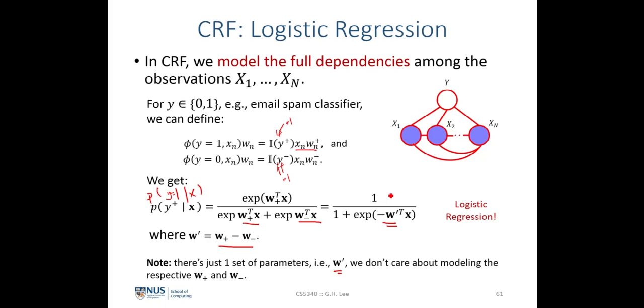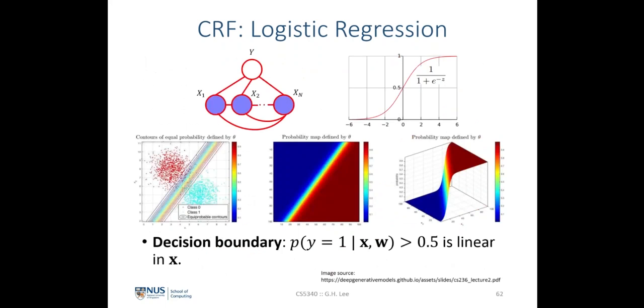And now what happens is that after doing this, we can see that this term is equivalent to a logistic regression. So this becomes a sigmoid curve in this particular case, where after learning this joint probability distribution, p of y conditioned upon w and x, we can directly use it.